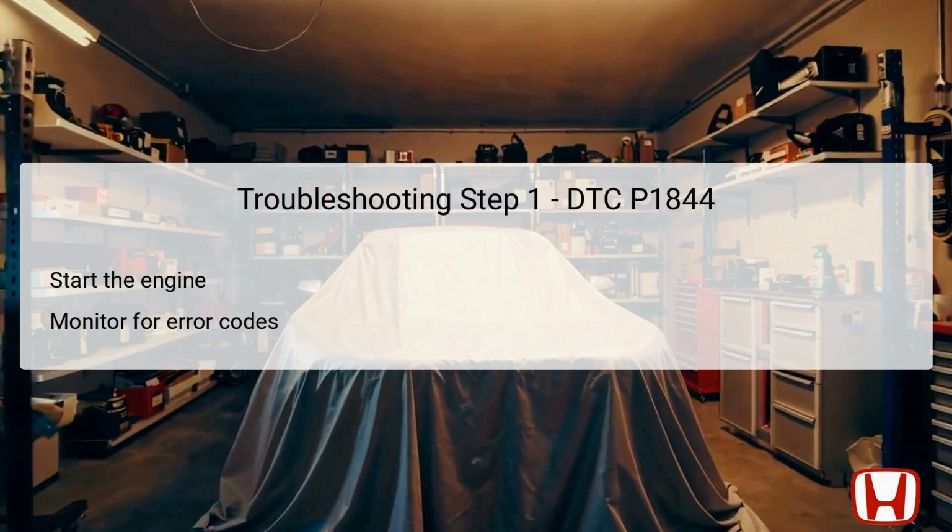The first step in troubleshooting DTC P1844 involves starting the engine, which sets the stage for subsequent diagnostic tests. By initiating engine operation, you can confirm if the DTC persists upon monitoring. It is during this phase that any pending DTCs or faults in the transmission control system may become evident.